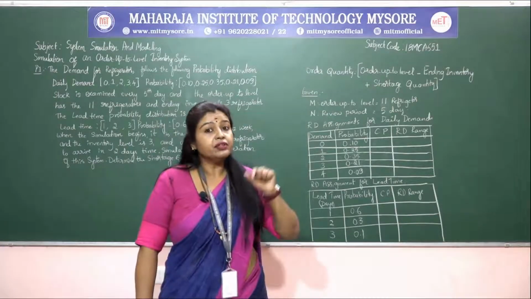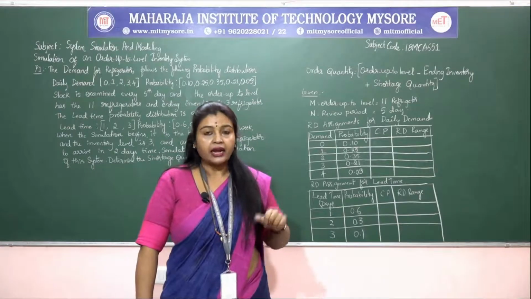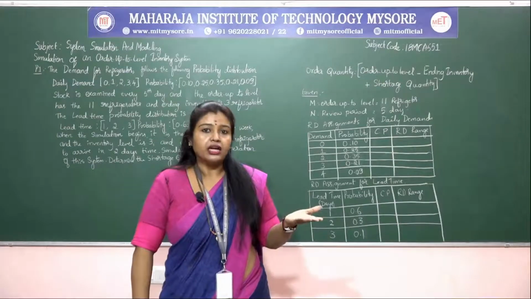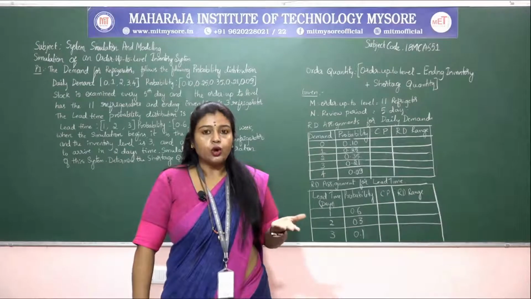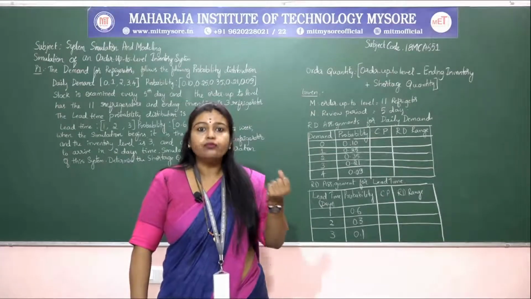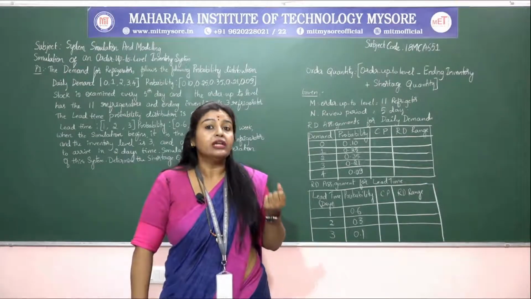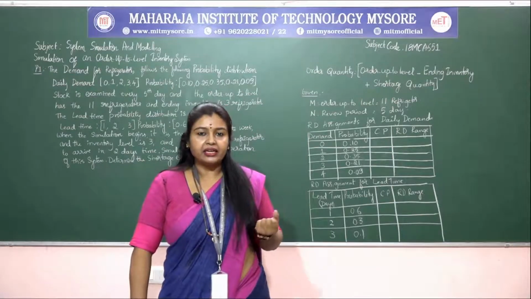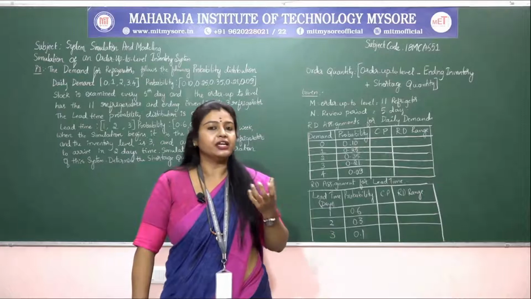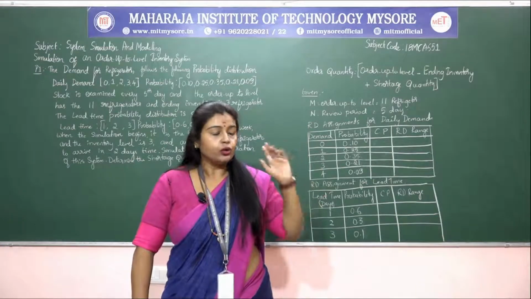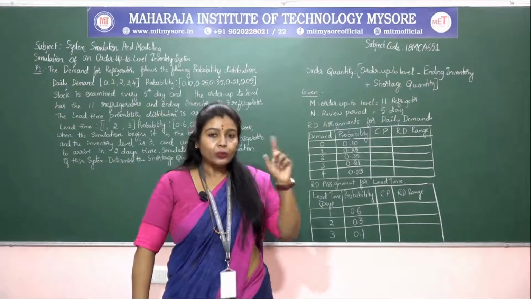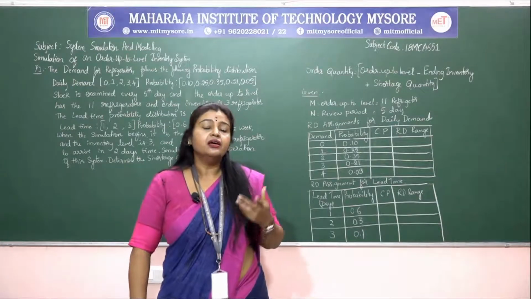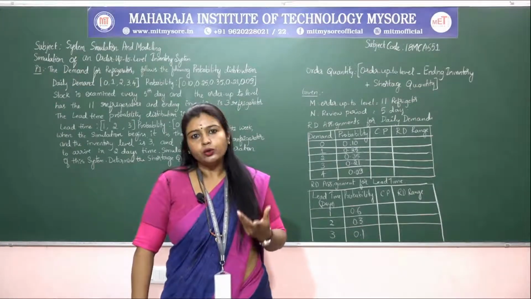Because on every 5th day we verify the stock and then order refrigerators, and we also need to wait for them, so lead time is also there. Therefore, is there any shortage quantity in that particular review period or not? We need to look into it.